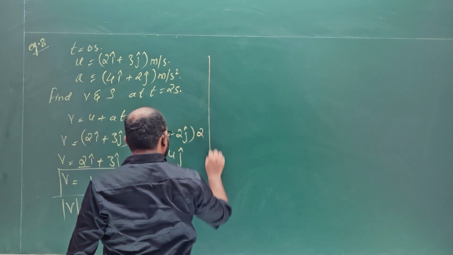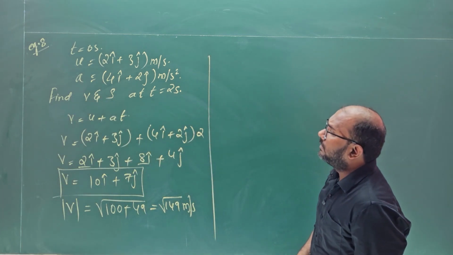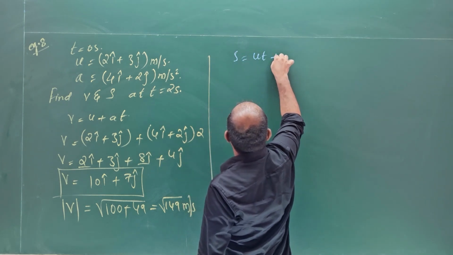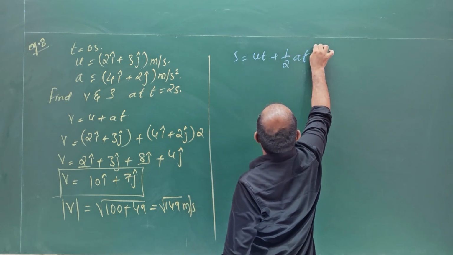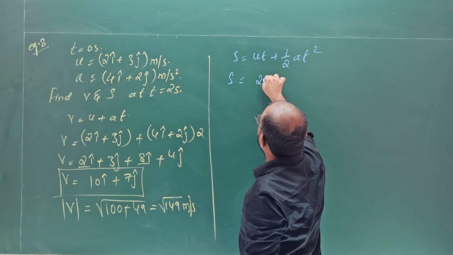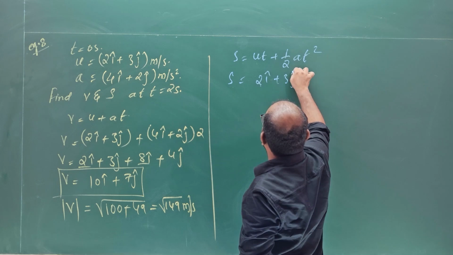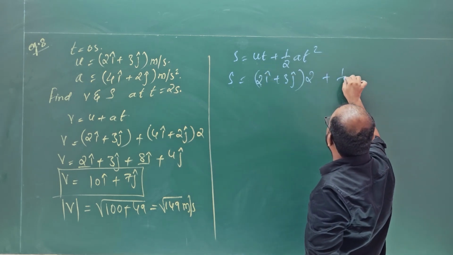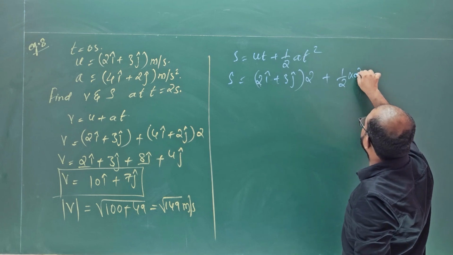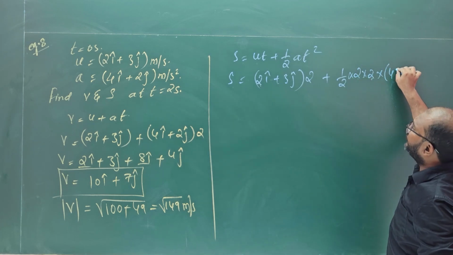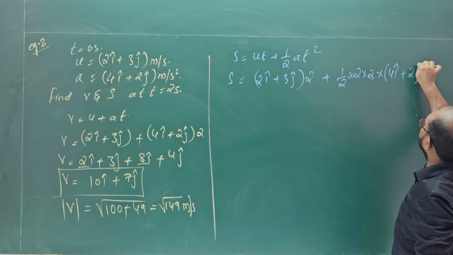Similarly, calculating the displacement. So s is equal to ut plus half at square. So 2i cap plus 3j cap into time, which is 2 seconds, plus half into time squared, that is 2 into acceleration 4i plus 2j cap.